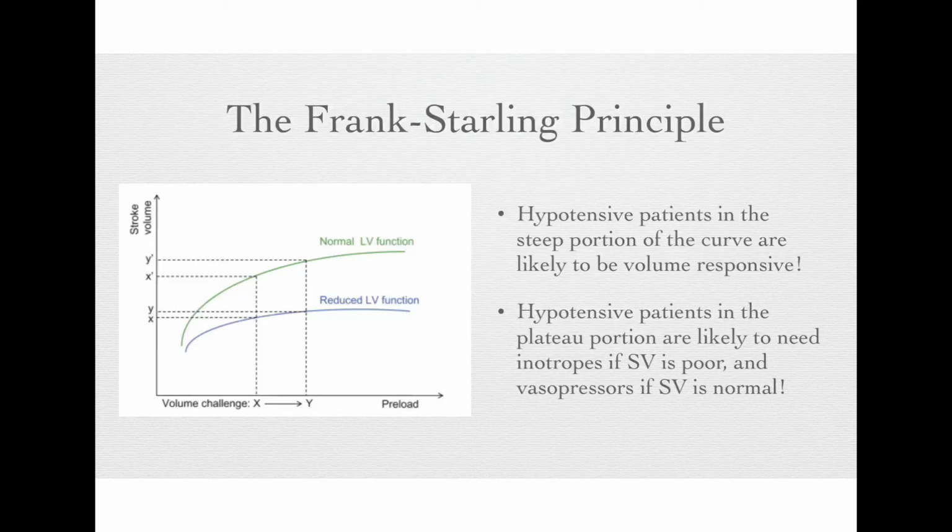So patients who are on this part of the curve, since they're not going to respond to volume, they'll need inotropic agents that are going to increase their contractility, which will shift the curve from this to this, and that will have a much bigger impact on cardiac output than giving them more volume.